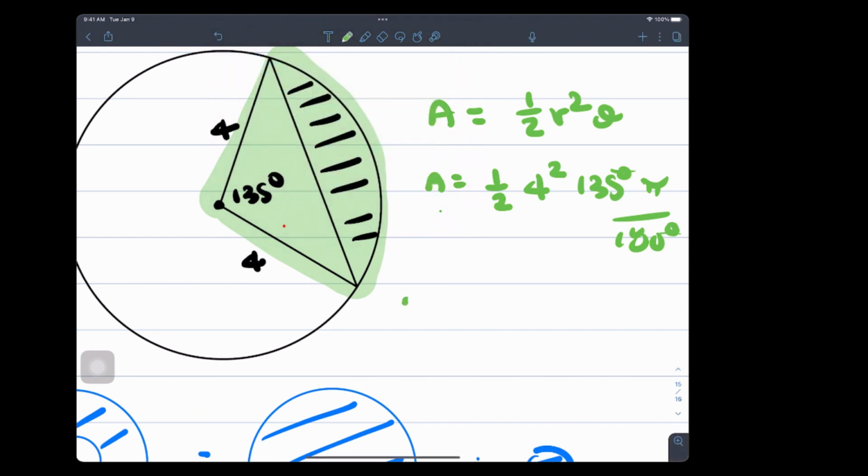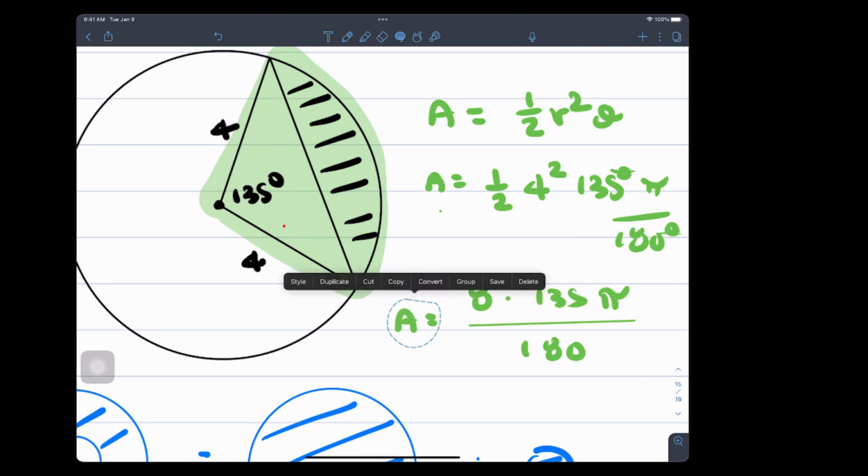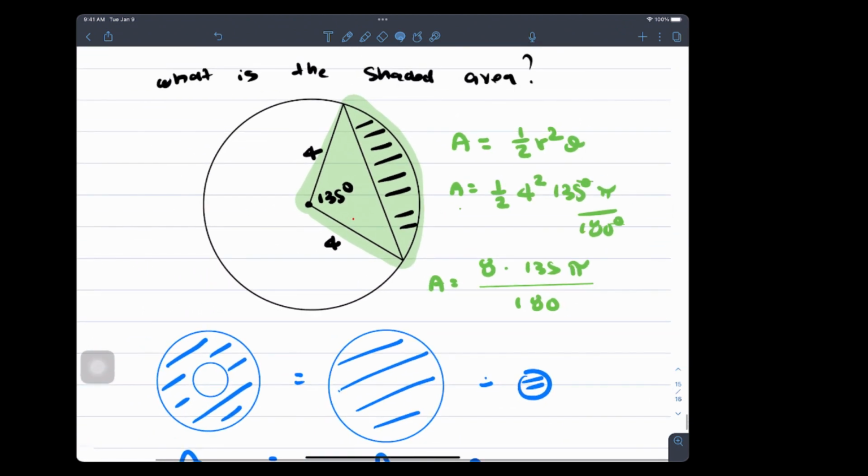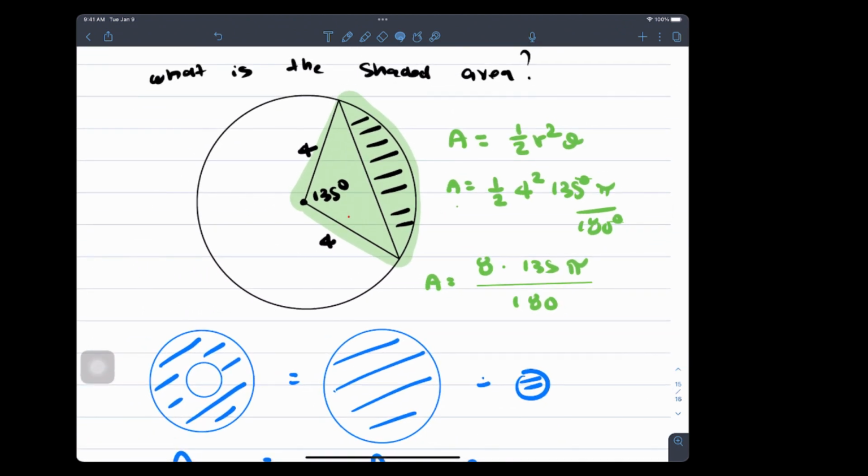So the green area: 4 squared is 16. 1/2 of 16 is 8. 8 times 135 pi over 180. So far, so good for the green area.